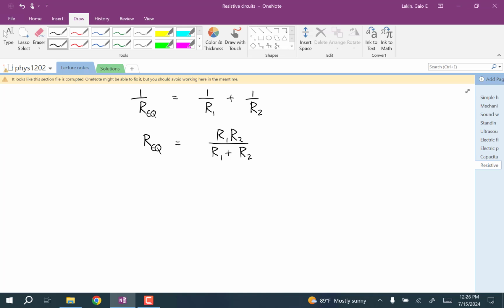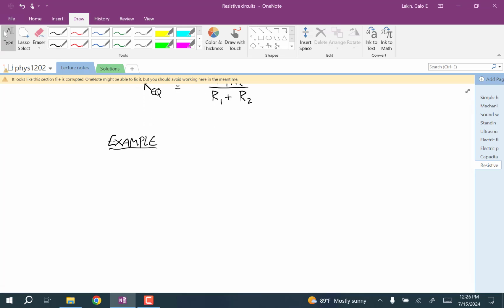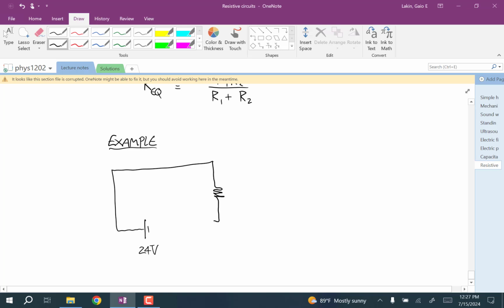Let me show you how people take advantage of this. Let's say that we have a 24-volt battery, and it's connected to a resistor there and a resistor there.